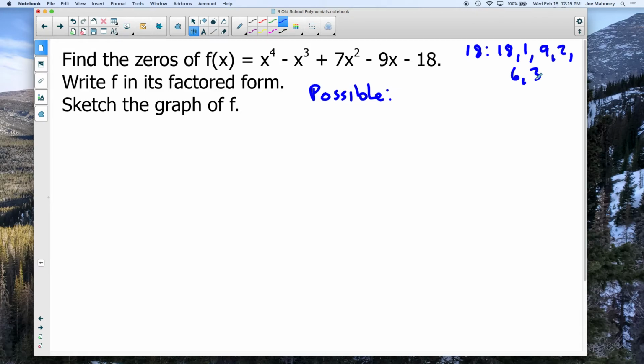The factors of my leading coefficient, that's just 1. So really my possible zeros are just plus or minus 1, plus or minus 2, plus or minus 3, 6, 9, or 18. So if you got those and you have yet to find the zeros and get it in factor form, give it a shot. Please do.